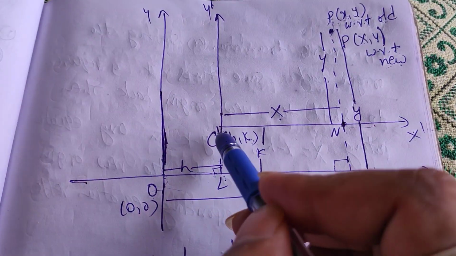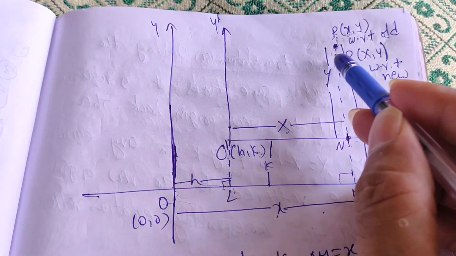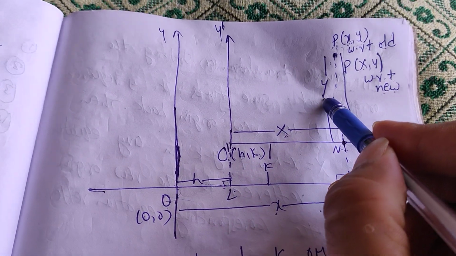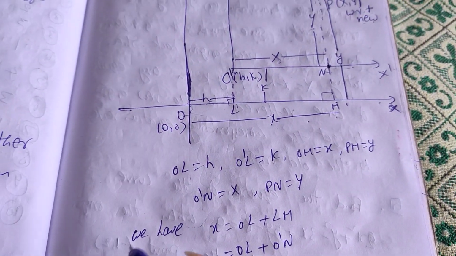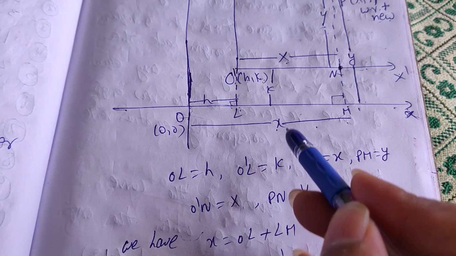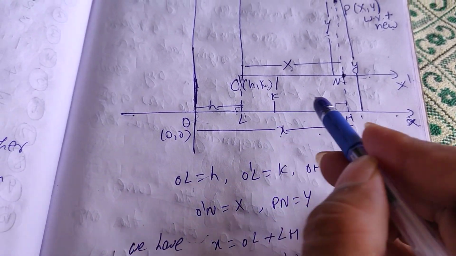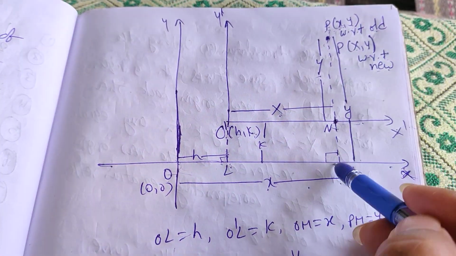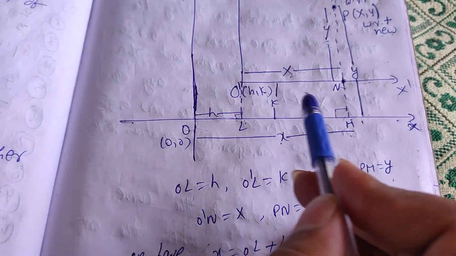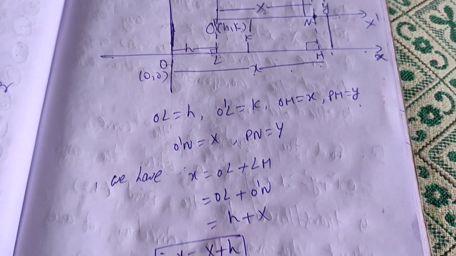Now according to the new coordinate axis, O dash N is capital X and PN is capital Y. So I have written here: OL is equal to h, O dash L is equal to k, OM is equal to small x, PM is equal to small y, O dash N is equal to capital X, and PN is equal to capital Y.